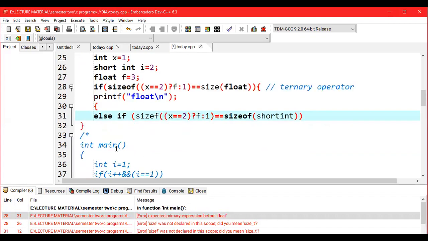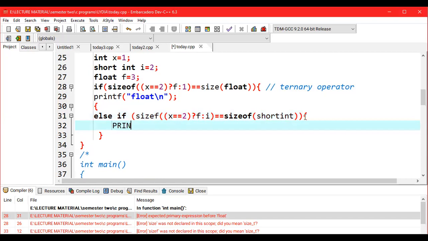Basically, that's the debugging. Then here they wanted us also to do what? To print. You're supposed to open and also print f.